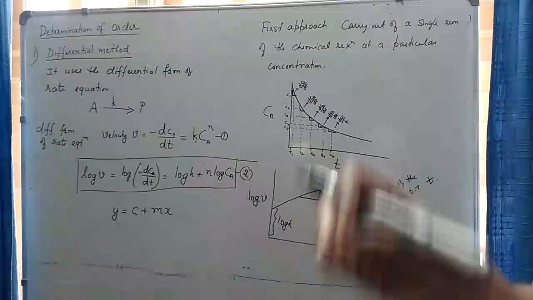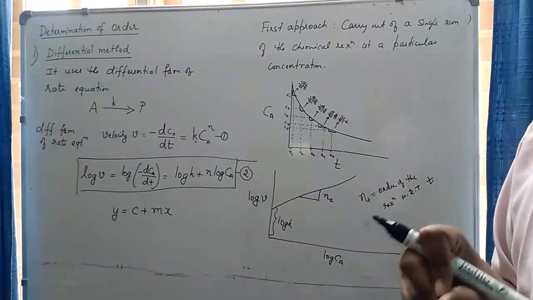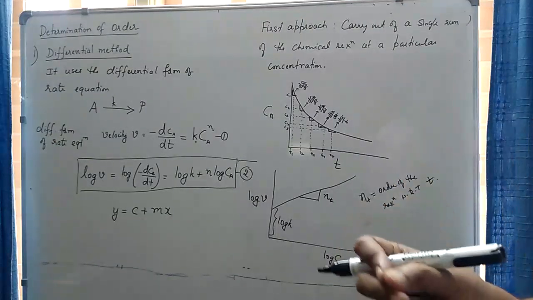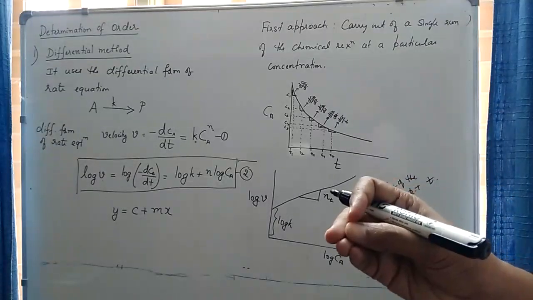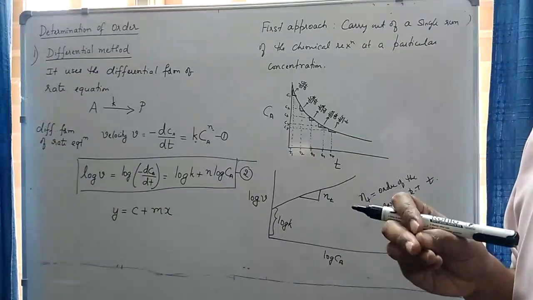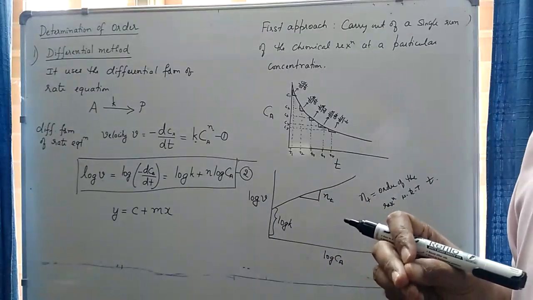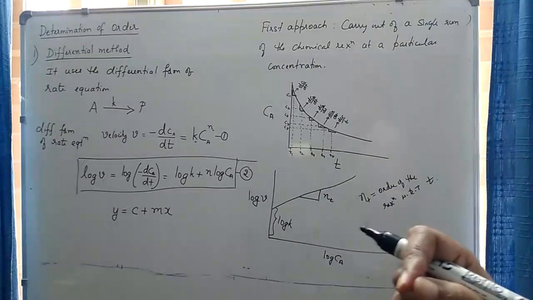Suppose the product is also influencing the rate. In such cases, with time, as the concentration of product increases, its influence also increases. So if we are measuring the order of the reaction over time, the experimentally determined order will vary drastically from the true order of the reaction.